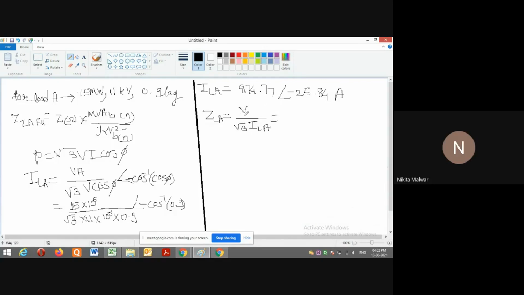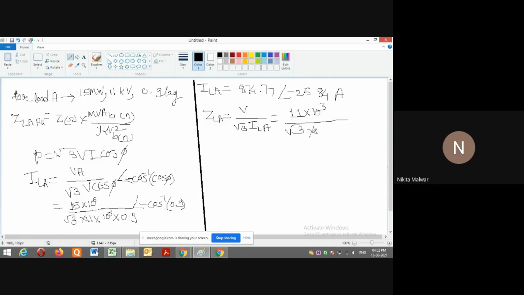Because the value is considered per phase. For converting it to phase value, we have to divide the voltage by root 3 for your 3-phase system. Now this voltage is 11 multiplied by 10 to the power 3 divided by root 3.